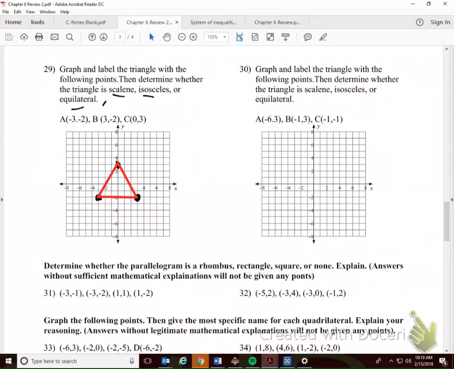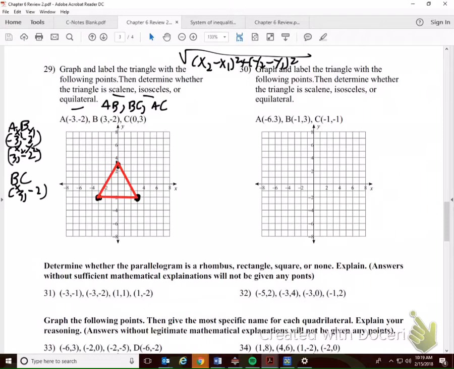Now what we want to do in trying to figure that out, we need to run the distance formula 3 times. The distance formula is run 3 times because we have 3 legs of a triangle, AB, BC, AC. So what I'm going to do really quickly is over on the left hand side, I'm just going to write out all of my points.